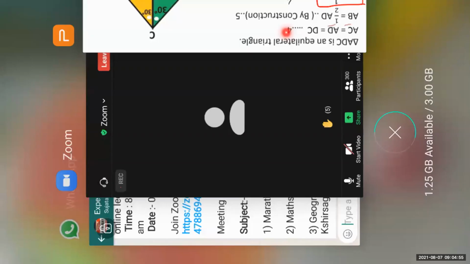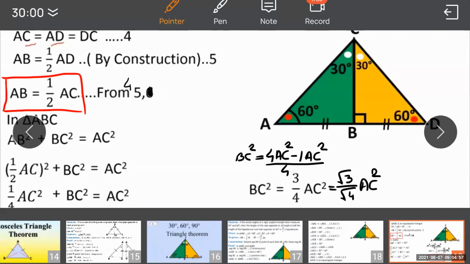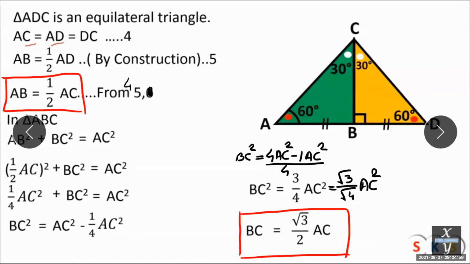Okay, so students, as it is an equiangular triangle, it will also be an equilateral triangle. Now, what is meant by equilateral? Equi means equal and lateral means sides. So the triangle with equal sides is called an equilateral triangle.